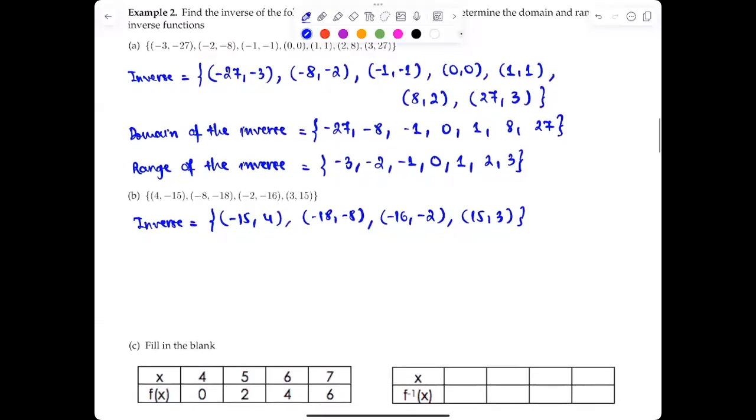Now, the domain of the inverse. You have to list all the numbers starting from the lowest number to the highest number. In this case, the x values are not really in order, but still, when you write the domain of the function, you have to write from the lowest number to the highest number. So negative 18, then negative 16, negative 15, and then 15.